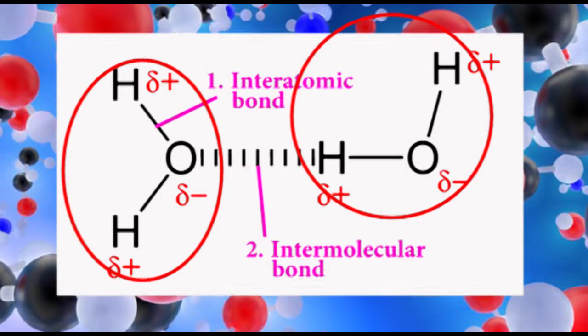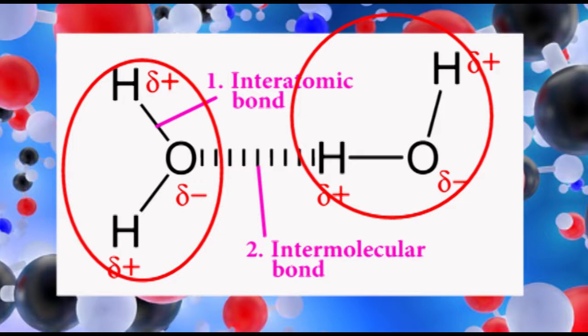We are separating the separate molecules of the water. And so the intermolecular bond can easily be overcome by physical separation, by tearing, by hammering, by a lot of simple things that can break the molecules apart.